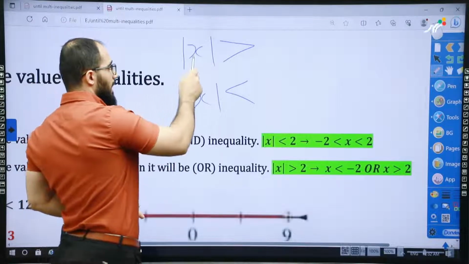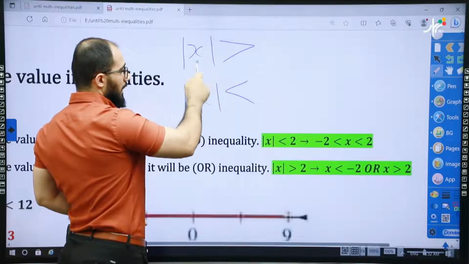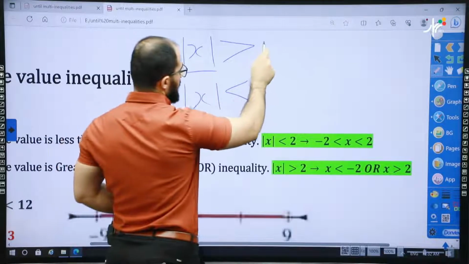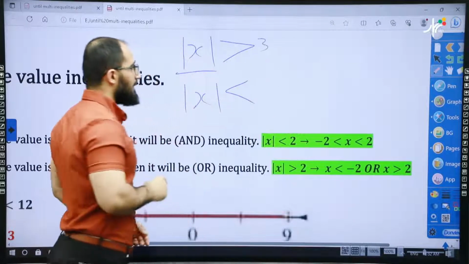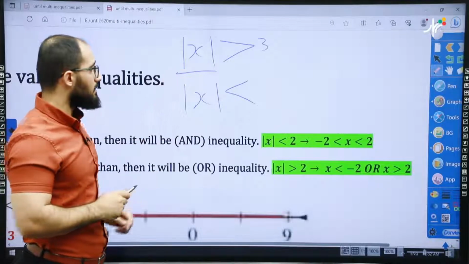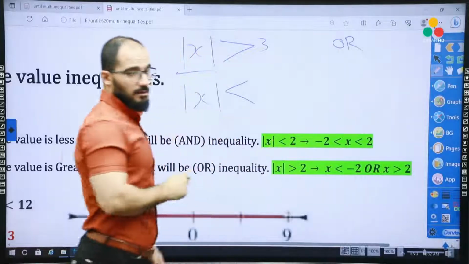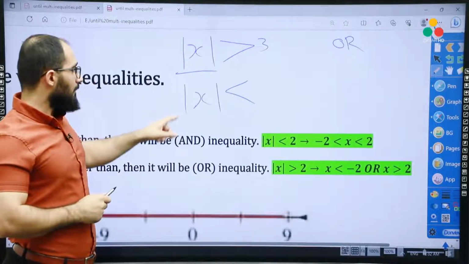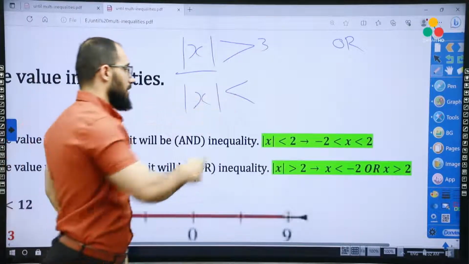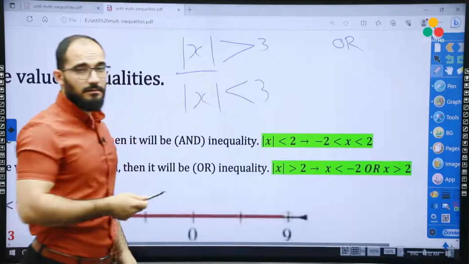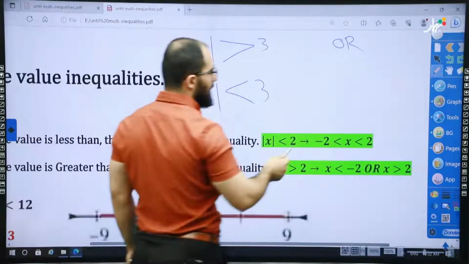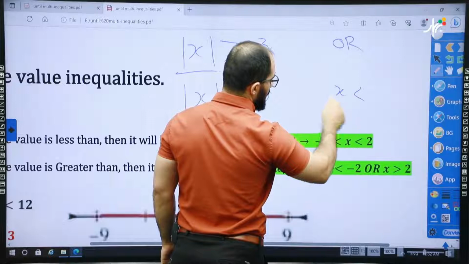If we have greater than with the absolute value, let's say greater than 3, it means we have an or inequality. If the absolute value is less than the number, for example 3 again, it means we have an and inequality.